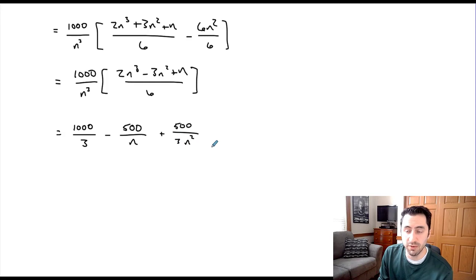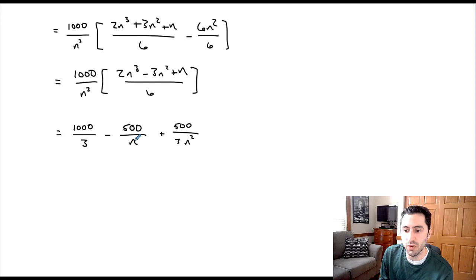So using some of our summation properties, we're able to get this down to 1,000 over 3 minus 500 over n plus 500 over 3n squared. This expression represents the area of all those rectangles added together.